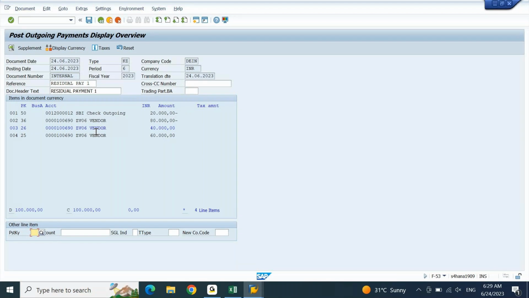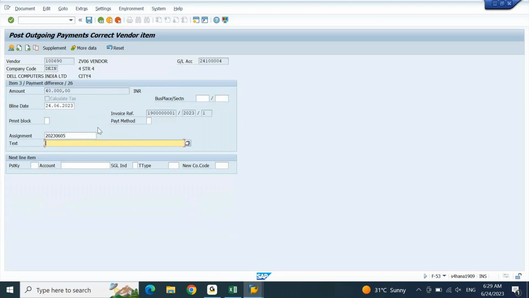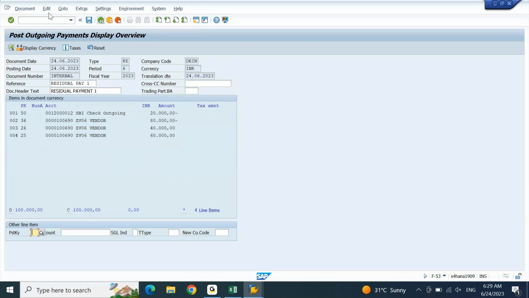If you are using the new SAP logon pad, it will be bold. That means one of the mandatory fields is not inputted. In the text there is a mandatory option that is not filled up, which is why it is giving the message. Enter. Just go back and let me try to post this.